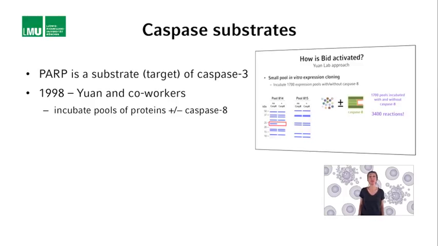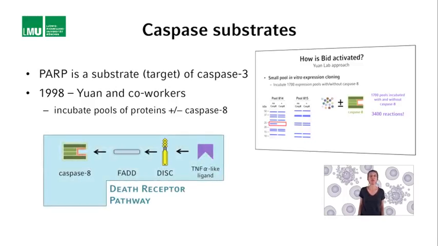Remember, caspase 8 is another initiator caspase, one that is activated through the extrinsic or death receptor pathway, and whose activation is mediated not by the apoptosome, but by the DISC complex. And this approach led to the identification of BID as a substrate of caspase 8.